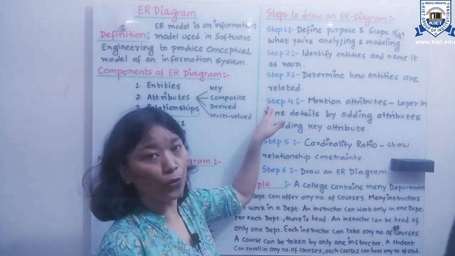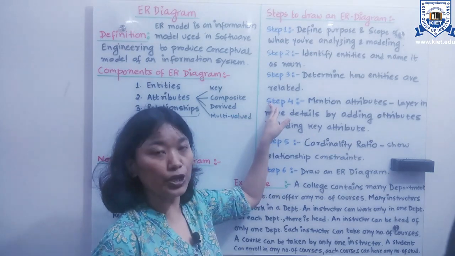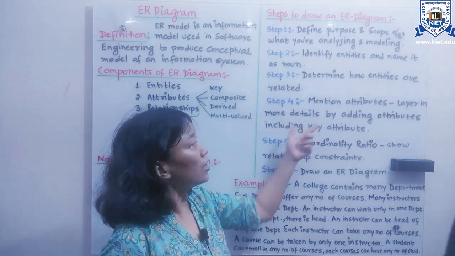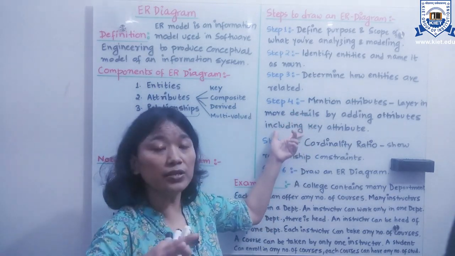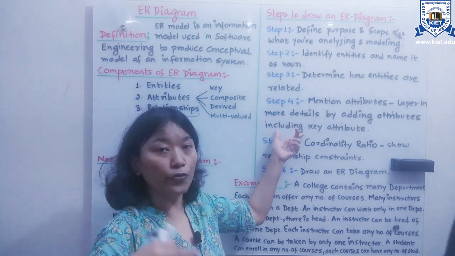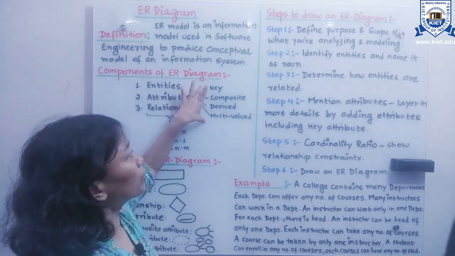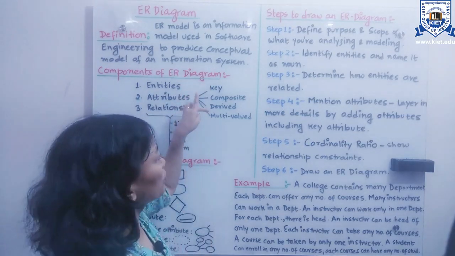In step 4, we need to mention the attributes of the entities, the properties of the entities. Including that, we need to add more details. We need to define the key attributes of the entity. I already told you there are types of attributes: key, composite, derived.